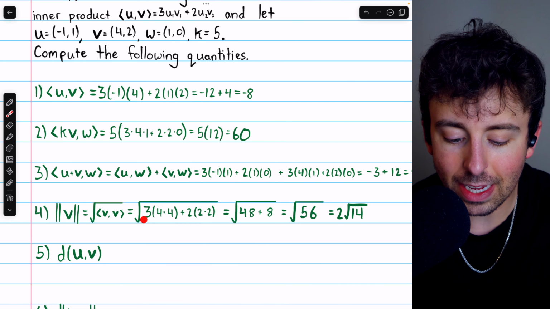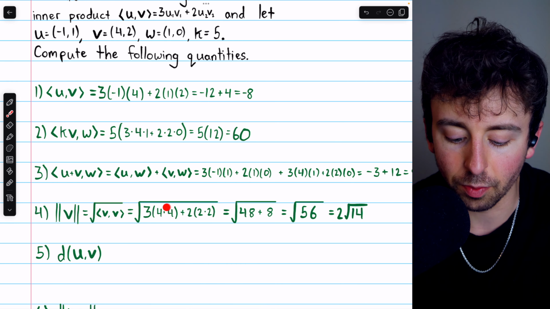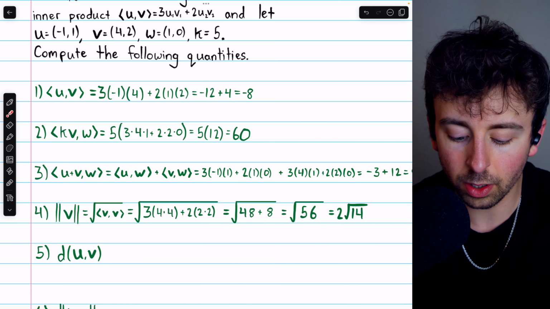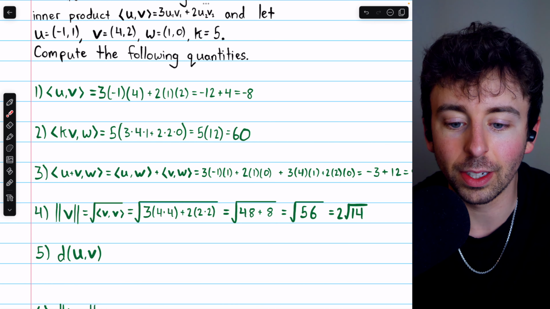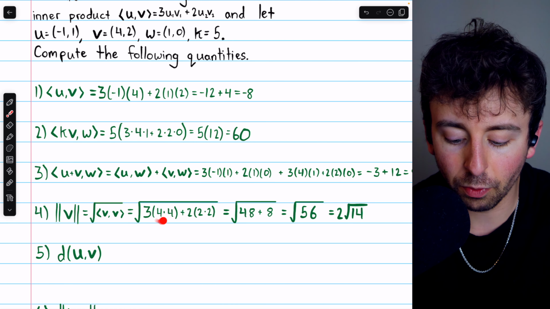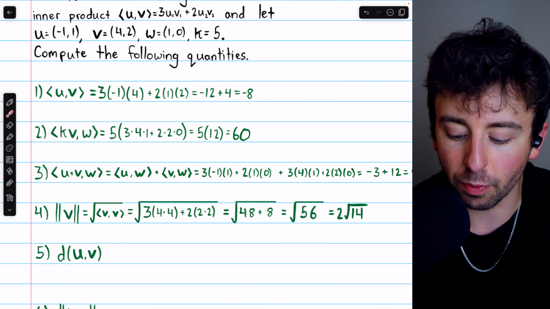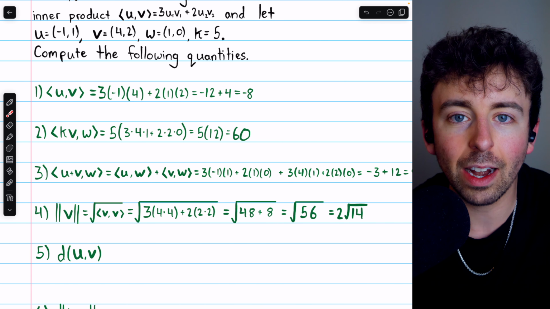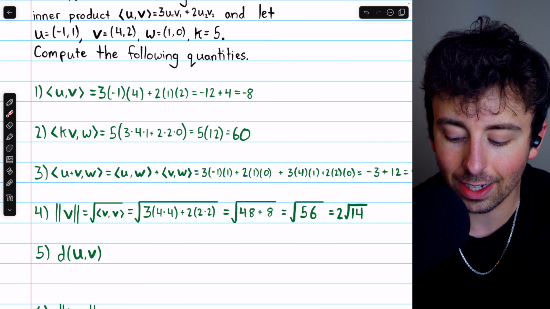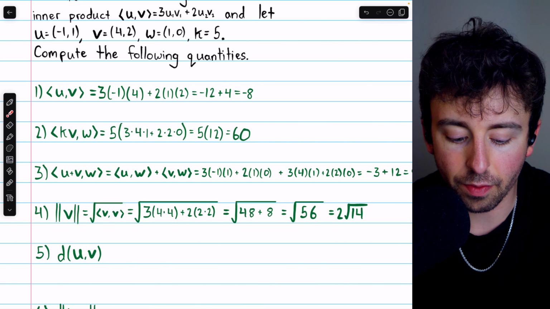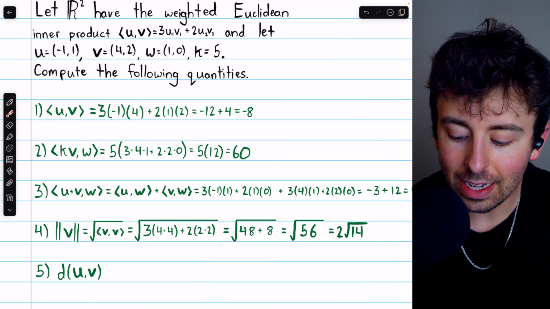So we have 3 times the product of the first component of v with the first component of v, plus 2 times the product of the second component of v with the second component of v. 3 times 4 times 4 is 48, 2 times 2 times 2 is 8, so the norm is the square root of 56. We can take a 4 out of that and simplify this to 2 times the square root of 14. So the norm, or the length, of the vector v relative to this weighted inner product is 2 root 14.